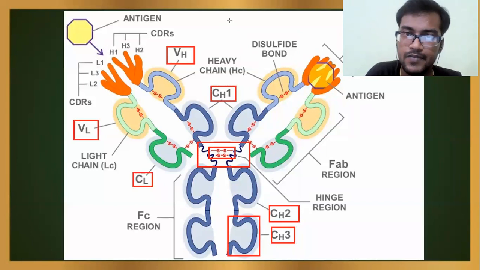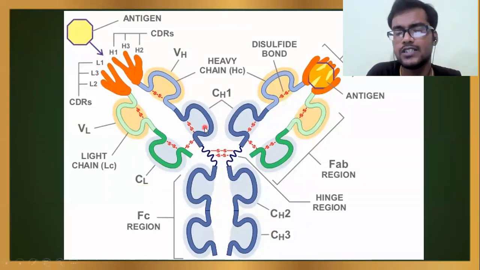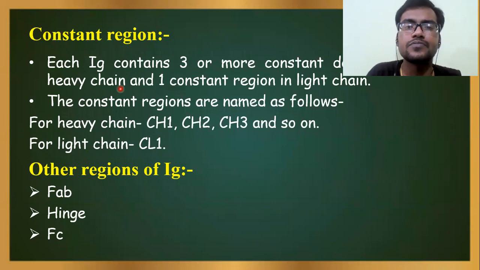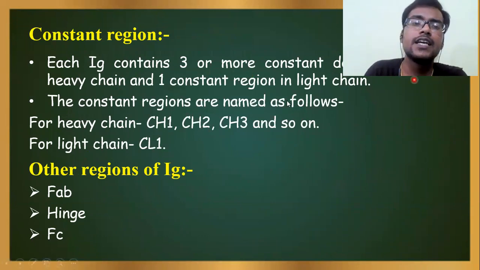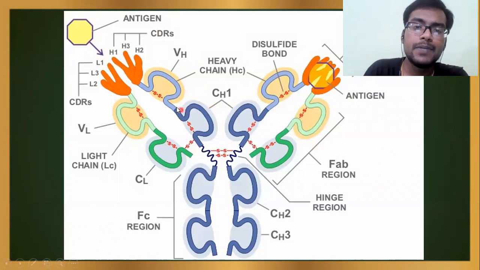Then comes the next point, that is the constant region of antibody. The constant region of antibody contains 3 or more constant domain regions in heavy chain and one constant region in light chain. As shown in the diagram, the heavy chain contains 3 constant regions, but the light chain contains one constant region.